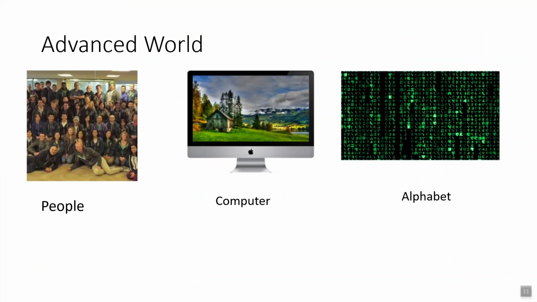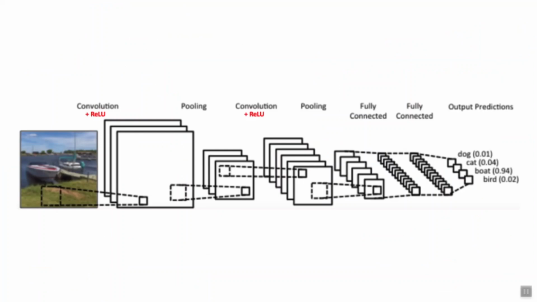It is the same thing. Here we have an example, and on the left we have a picture of a boat. You can see that this neural network uses two convolutional and pooling layers.